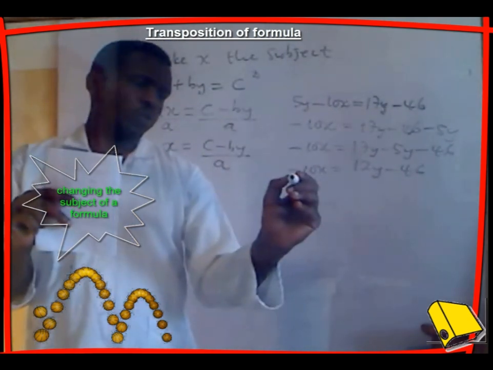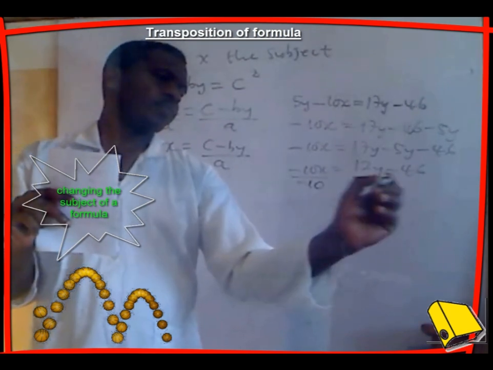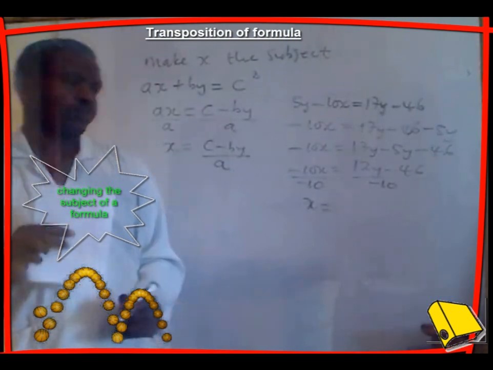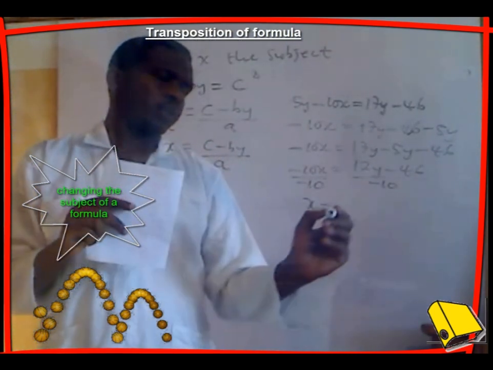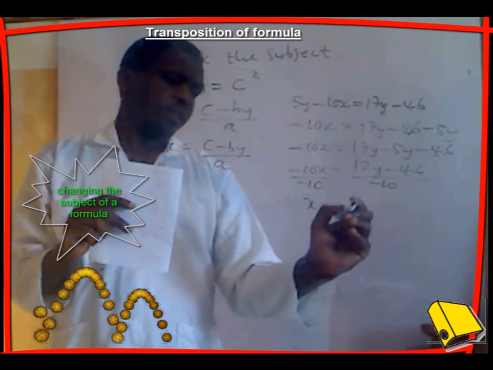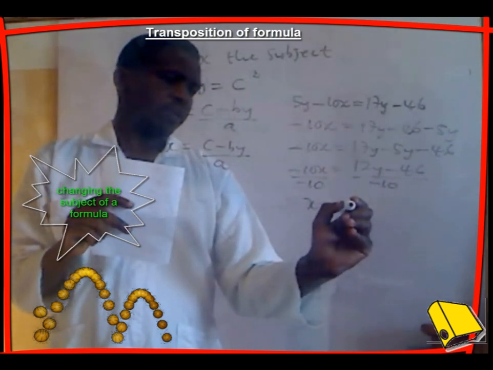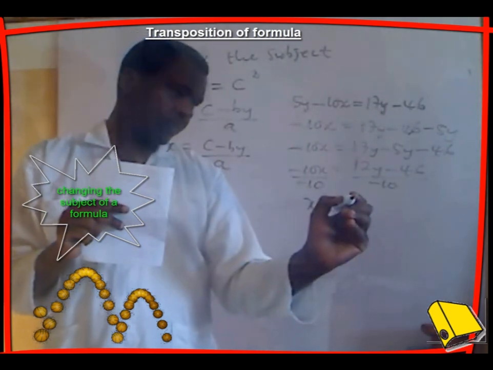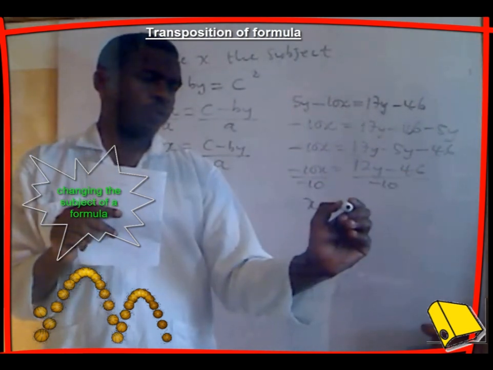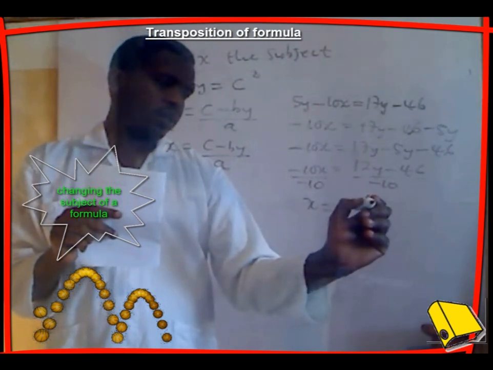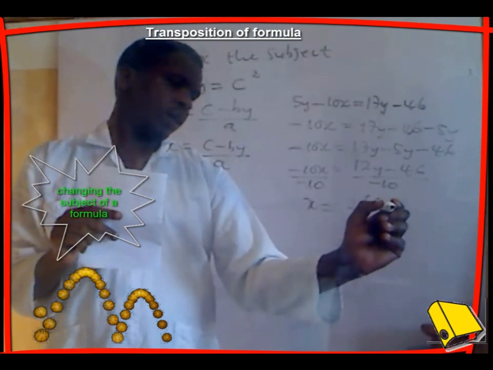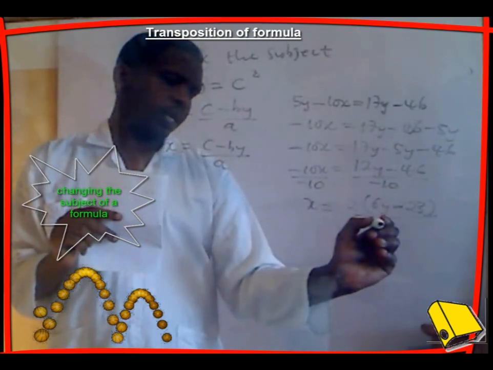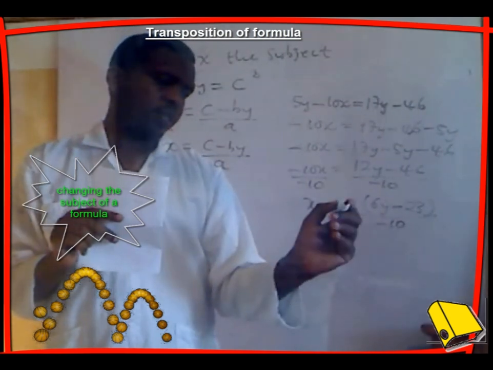I divide all through by minus 10. This will give me x is equal to, so let's simplify this. We can factorize this. What is common there? 2 is common here. We'll have 2 brackets 6y minus 23 all over minus 10. We can simplify this.